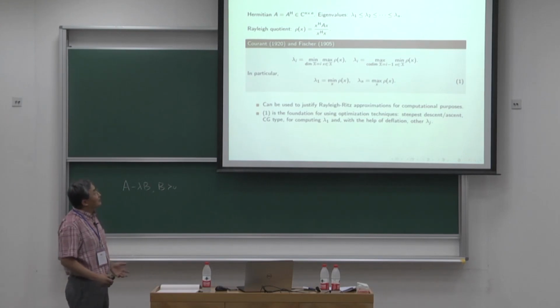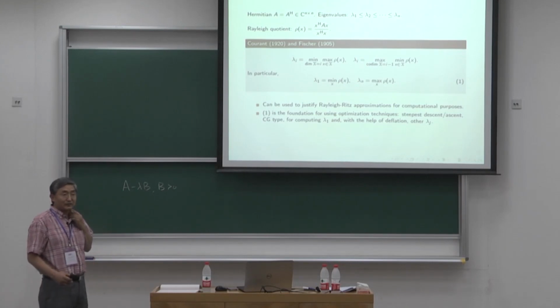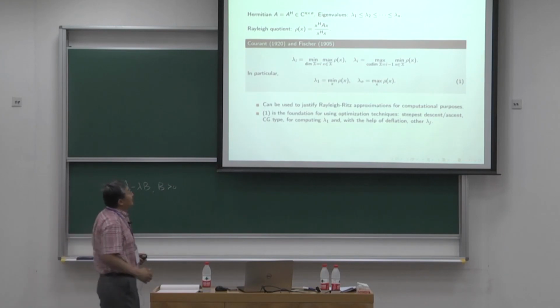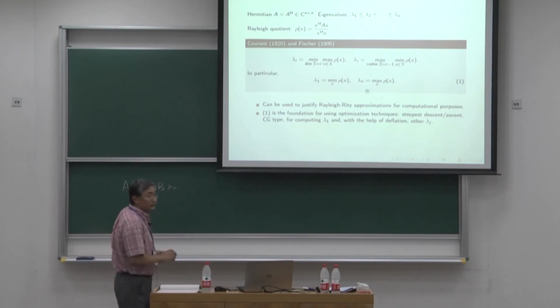It's a beautiful theory and can be used, not directly for computation, but to help us derive something. But the last two, lambda 1 as a min of rho(x) and lambda n as a max, are quite useful.